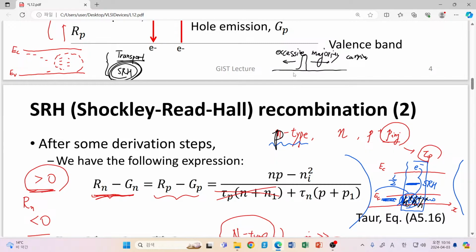However, in the case of a majority carrier, we have a much faster reaction, because majority carriers can be injected from our terminals quite quickly, and we have so many similar carriers nearby. So compared with SRH recombination, this transport becomes much quicker.